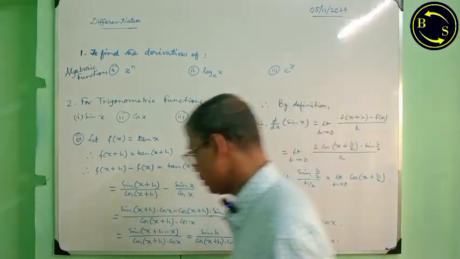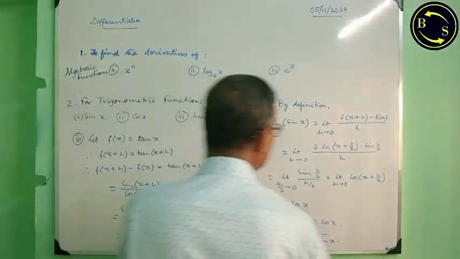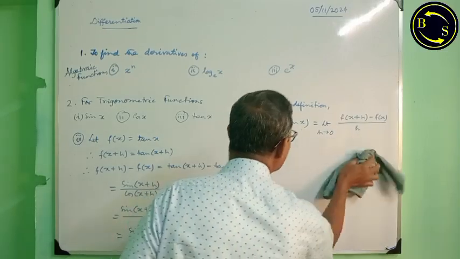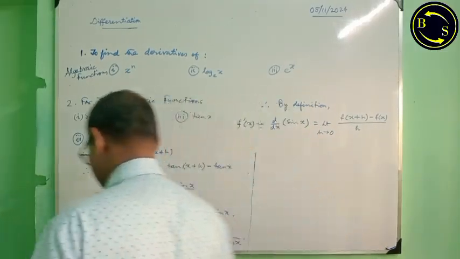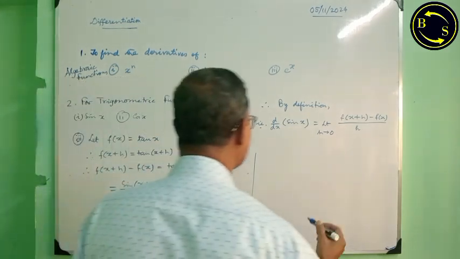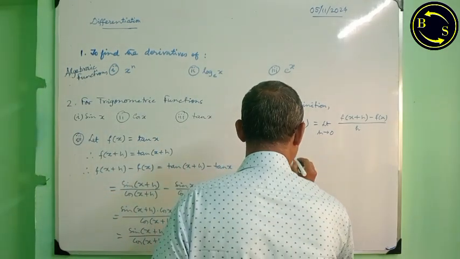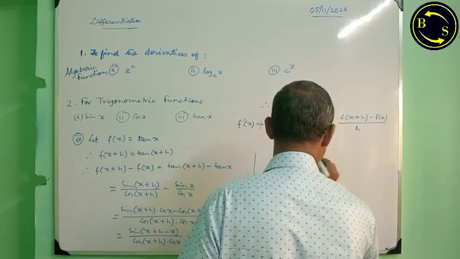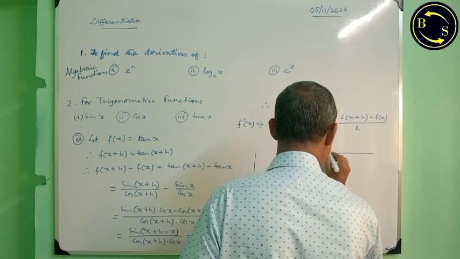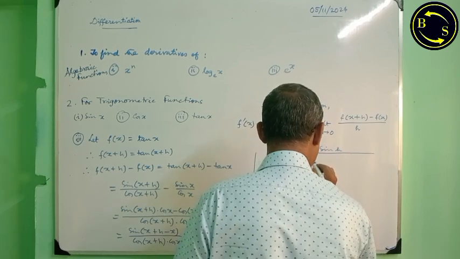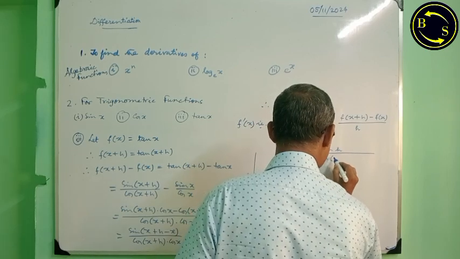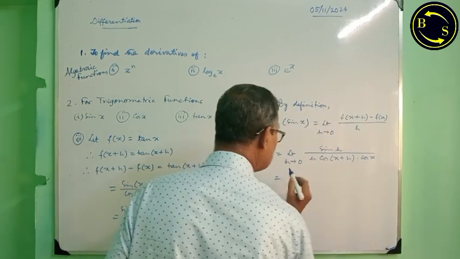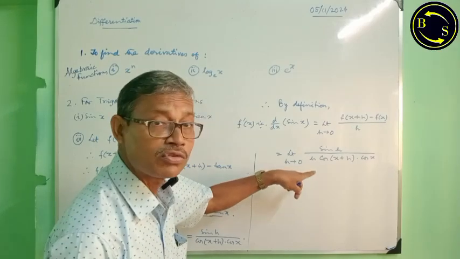Then, by definition, this part will be changed. It will be limit h tends to 0 sin h over cos of x plus h into cos x. Now sin h by h, limit h tends to 0, that is standard limit.